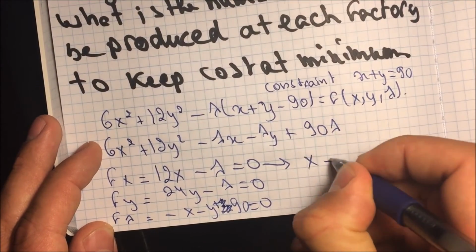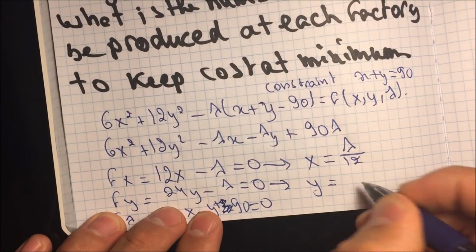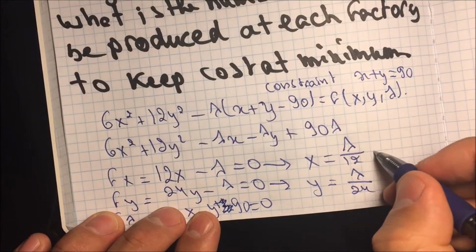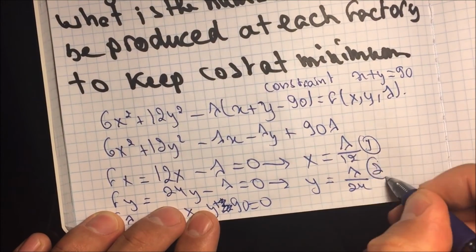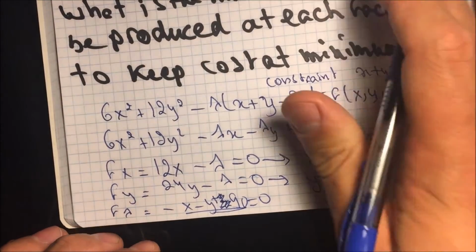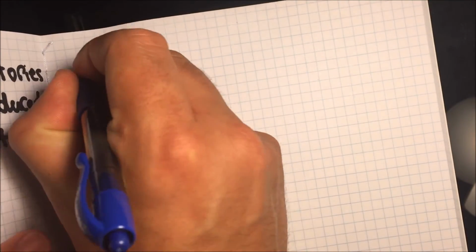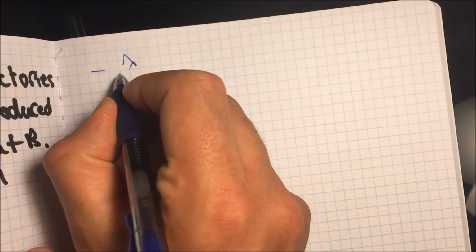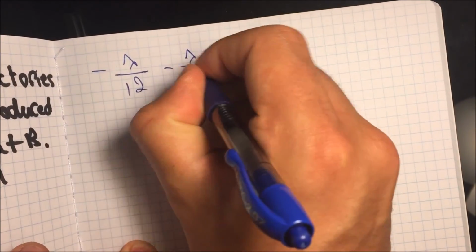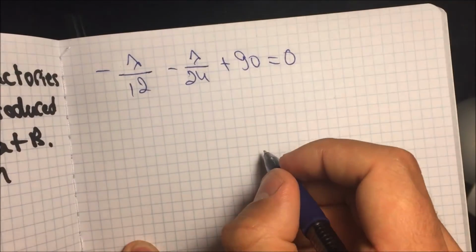Here we get x equals lambda over 12. Here we get y equals lambda over 24. So we take these two and we put them in this equation right here. After doing that, we get negative lambda over 12 minus lambda over 24 plus 90 equals 0.